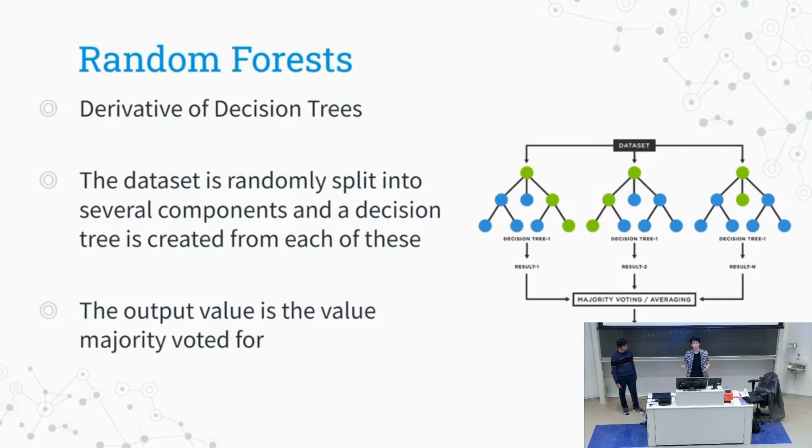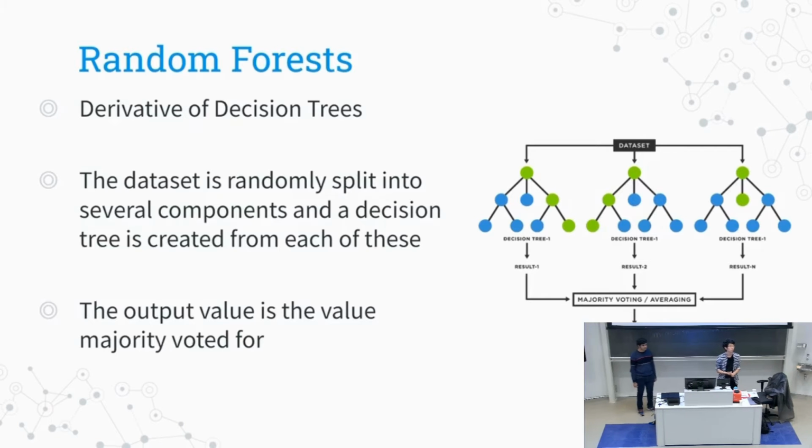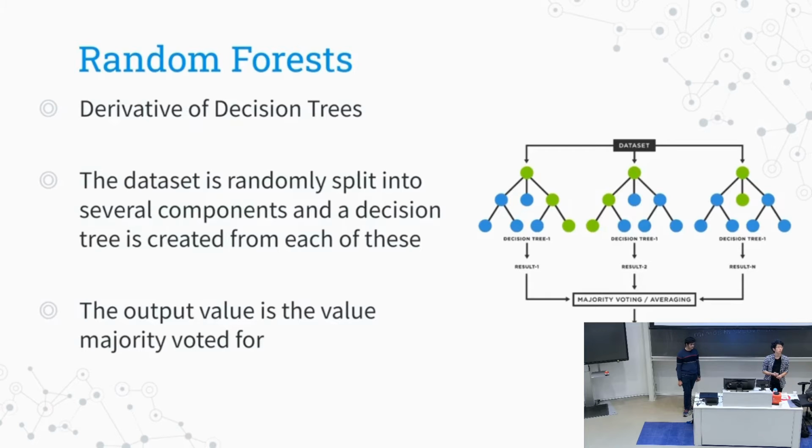Then you get multiple trees that were trained on different data, and that way they will be different trees. Because they're different, they will more or less on average be good, and that's what the voting accounts for. Would the result be better on average than just using one decision tree with all of the data? It actually depends on the problem. Sometimes only one decision tree could be much better than having 100 decision trees.